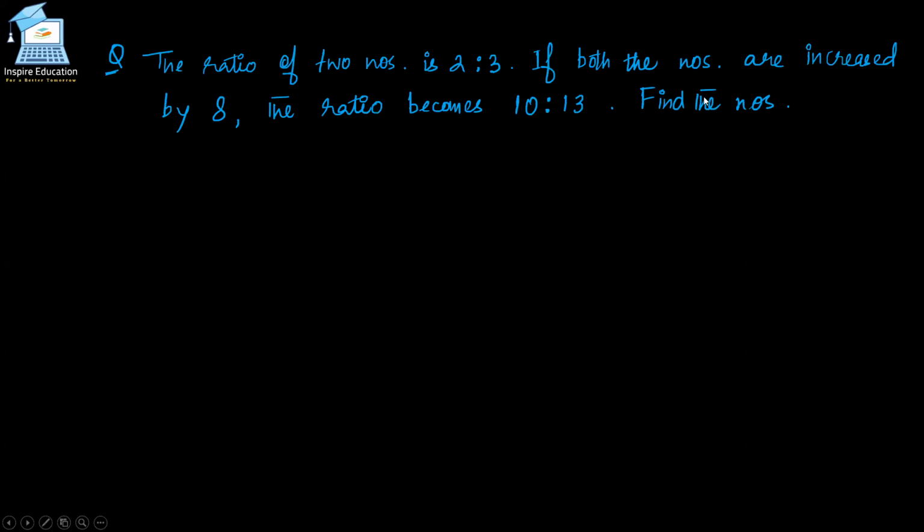What is the process? Two x plus 8 divided by 3x plus 8 equals 10/13. Exactly. Himanshu sir has also given the answer. Raja sir has also given the answer. Everyone did it like this: 2x plus 8 divided by 3x plus 8 equals 10/13. Very good.